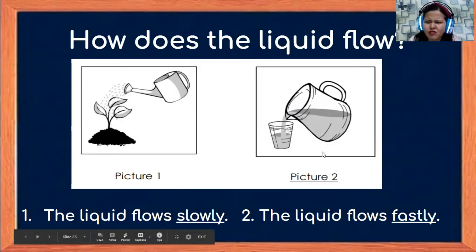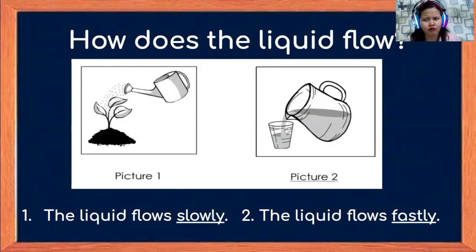What do you think is the main reason? Why are they different in terms of their flow speed? Do you have any idea? They differ because in the first picture, the container has small holes for the water to pass through.